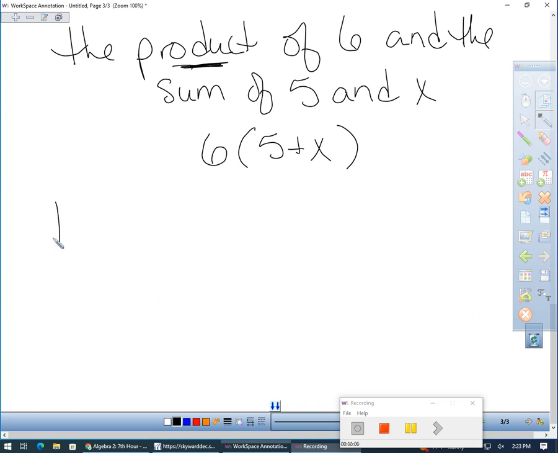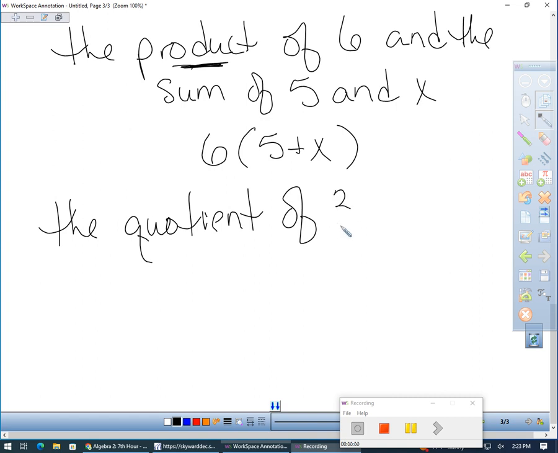Let's do the quotient of 3 less than w and 5.